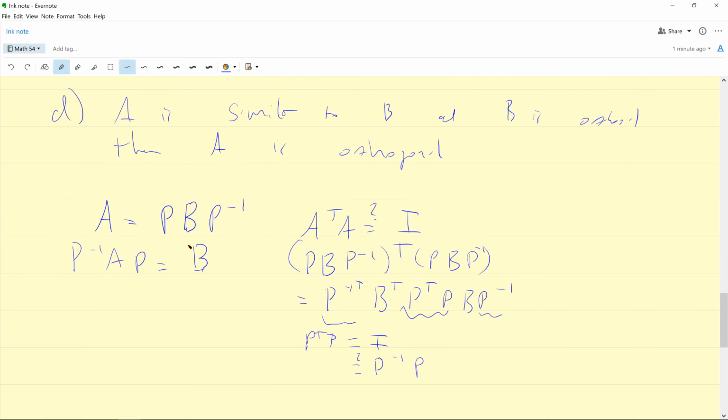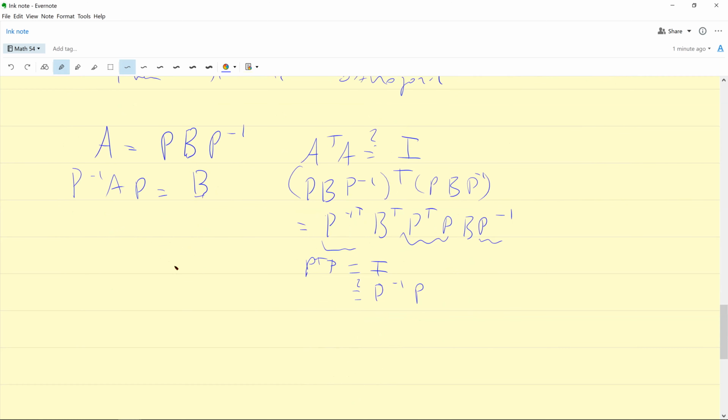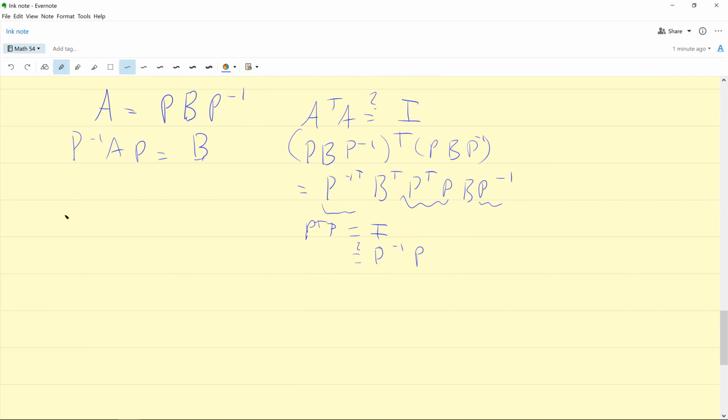But here, P is any invertible matrix in the definition of similarity. So in general, P can be any matrix, right? It doesn't have to be an orthogonal matrix. So basically, this statement is only true if P is also orthogonal? Yes. And see, what's a good example?